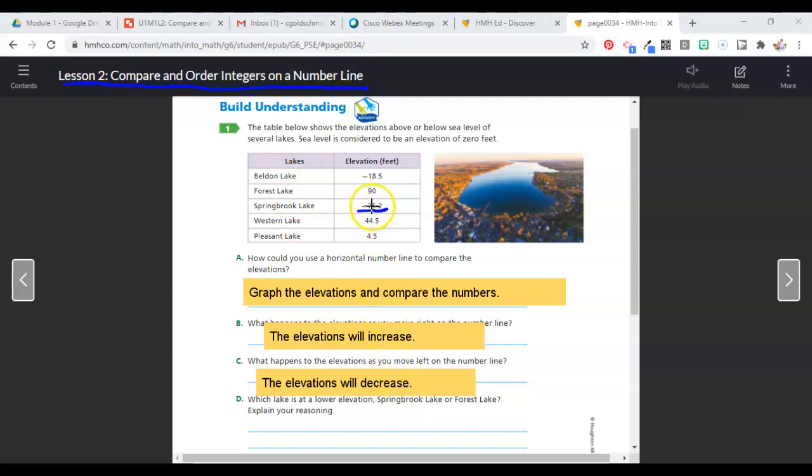And Forest Lake, we're at 90. So right away, first thing you should always check is the sign in front of it. Is there a negative sign or is it positive? Ones that are negative are obviously going to be smaller than the ones that are positive. So I know because Springbrook Lake is negative that it's going to be the lower elevation.